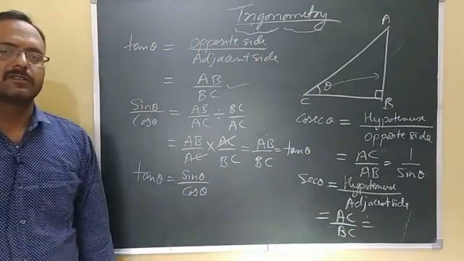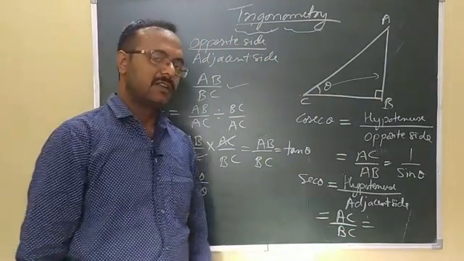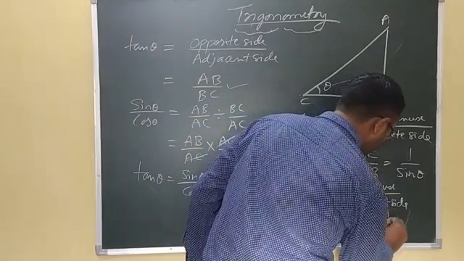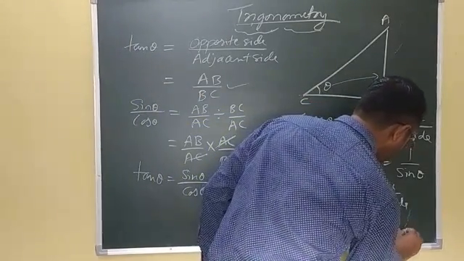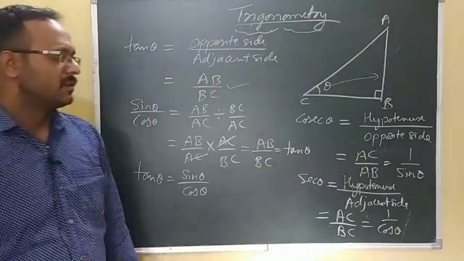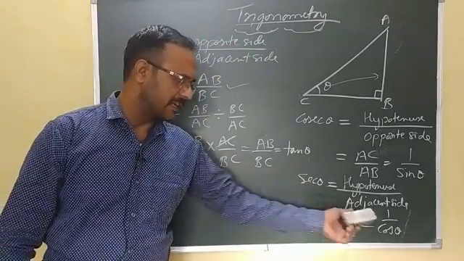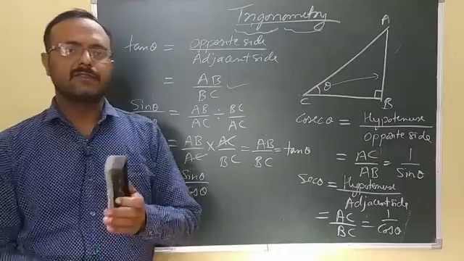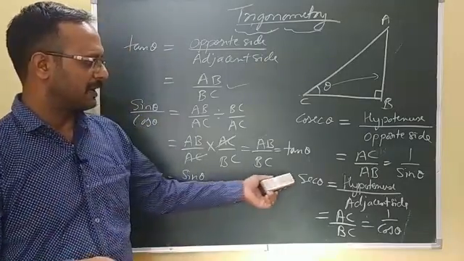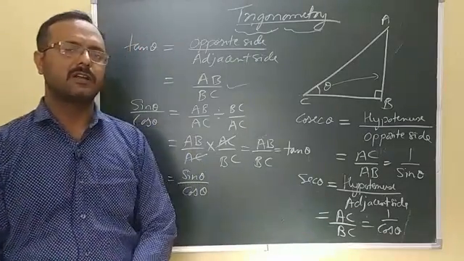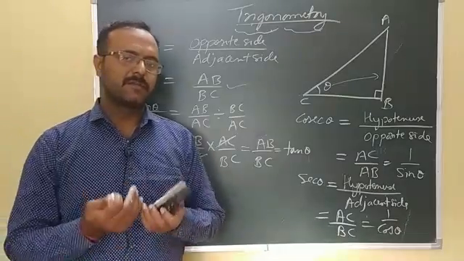If you observe cos theta and this one, you will see that it is the opposite of cos theta. So you can write this as 1 upon cos theta. So sec theta and cos theta are inverse of each other. So you can write sec theta is equal to 1 upon cos theta, or cos theta equal to 1 upon sec theta.